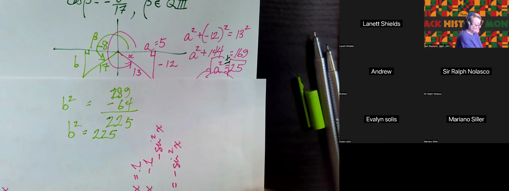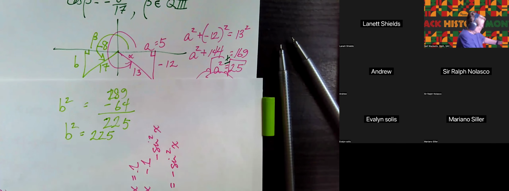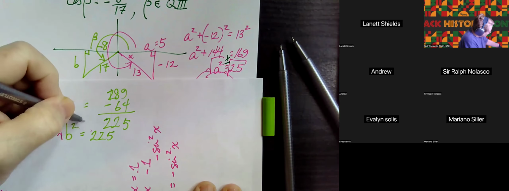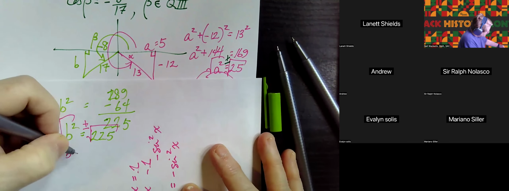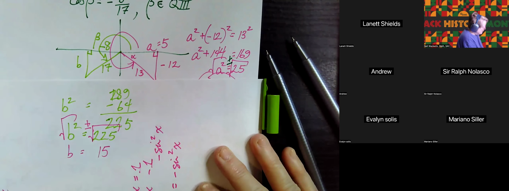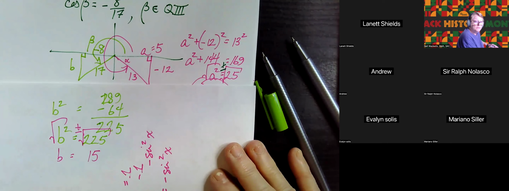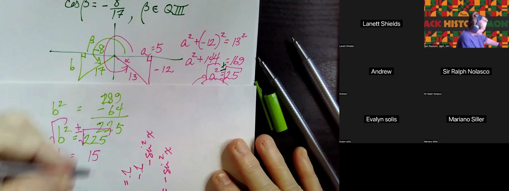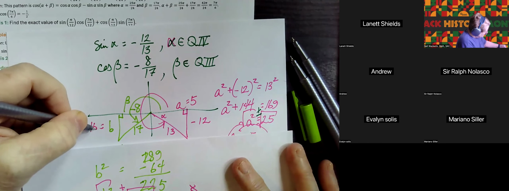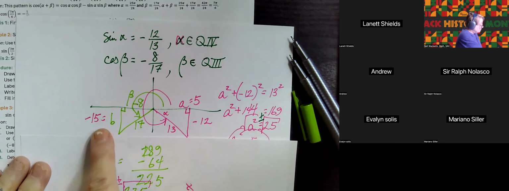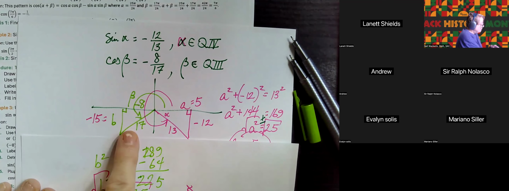What do I need to do at this step? Square root it, and not forget the plus or minus. Excellent. And in quadrant 3, is b positive or negative? Negative. Good. And again, for triangle beta, we've got all 3 sides.